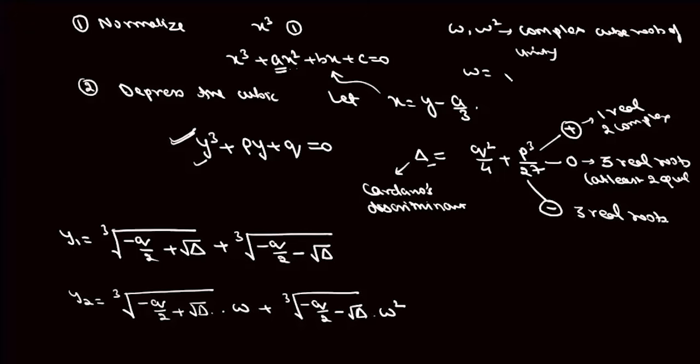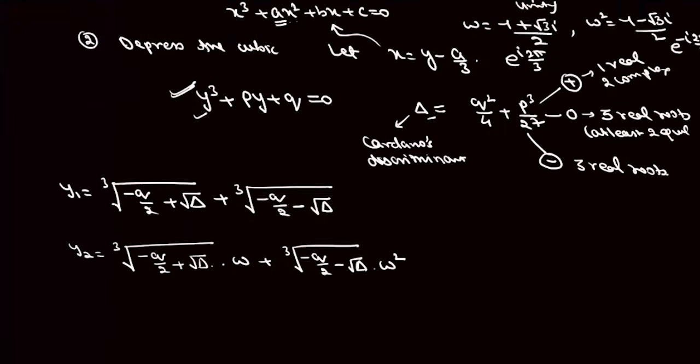So here omega is minus 1 plus root 3 iota upon 2 and omega square is minus 1 minus root 3 iota upon 2. Now omega is also e to the power iota 2 pi by 3 and omega square is e to the power minus iota 2 pi by 3.